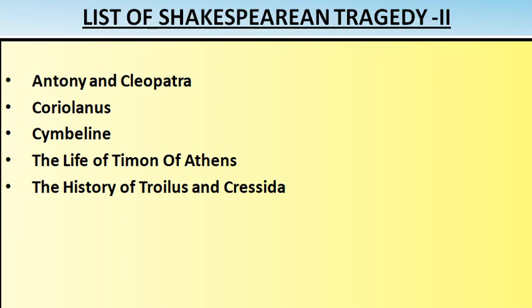It will be helpful for you to identify which play of William Shakespeare is considered a tragedy and which one is considered a comedy, meaning the genres have been divided. If you just remember the names, you can easily identify whether the play is either tragedy or comedy. So definitely it will be helpful for your exam.